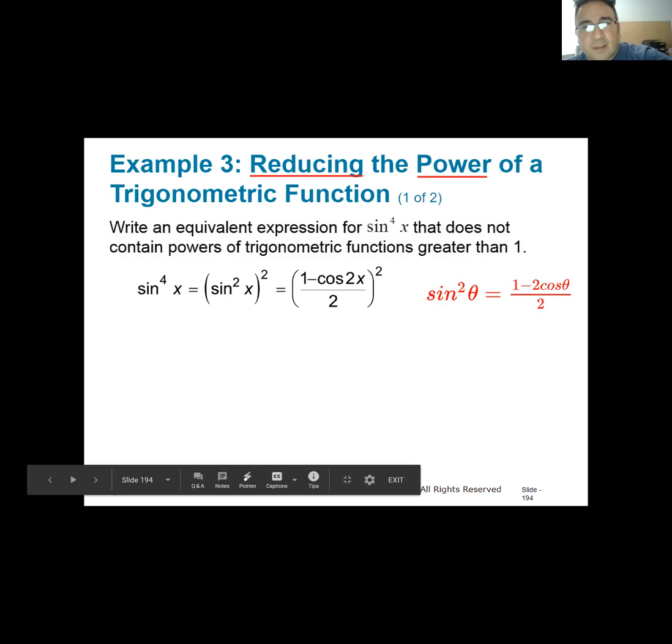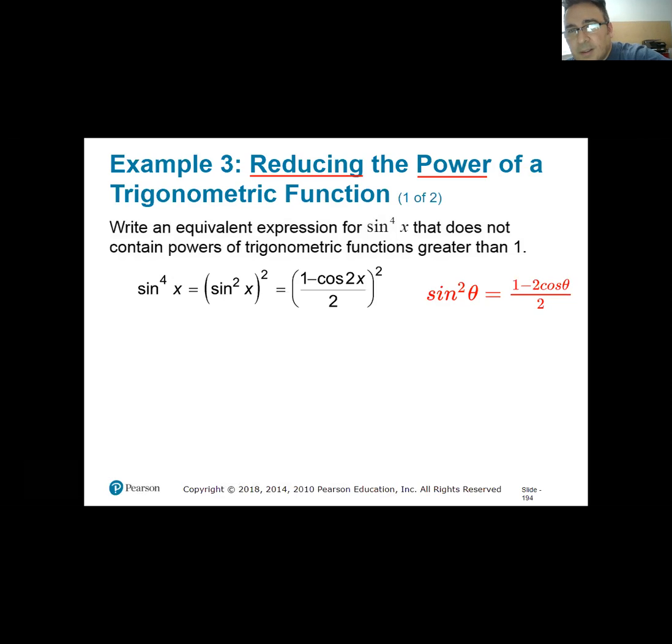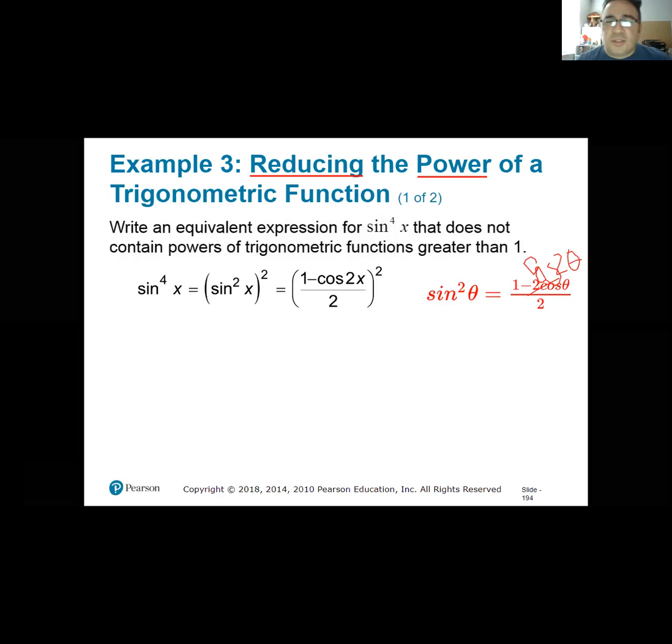This should say cosine 2 theta. It's right in the black, it's wrong in the red. All right, moving on.